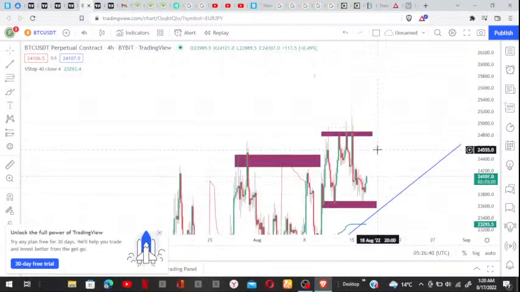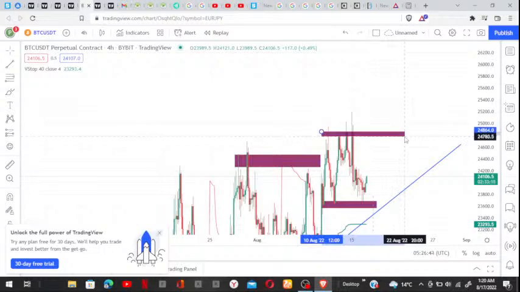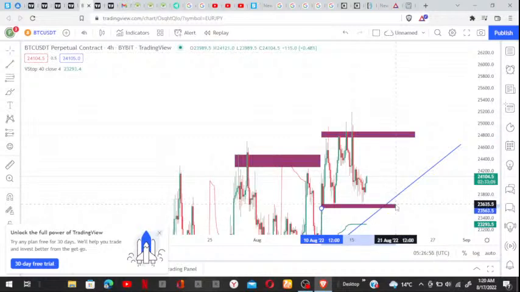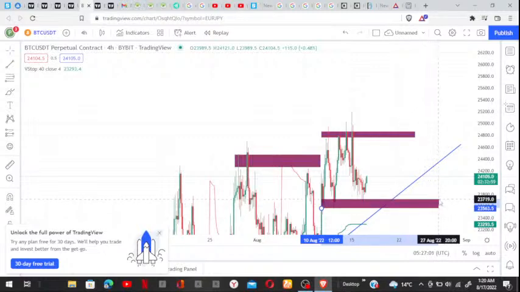So guys, my analysis for this pair today generally is that it will go to this level. It will take some time before either bouncing back or breaking out, but for me, I got high chances of it breaking out, being that I'll just have to extend this.